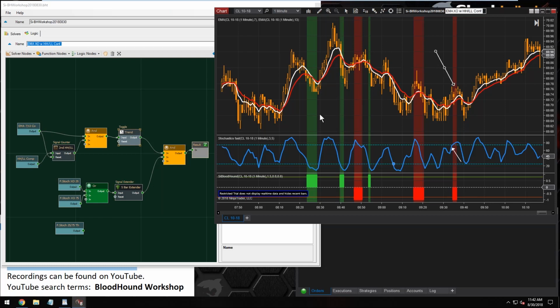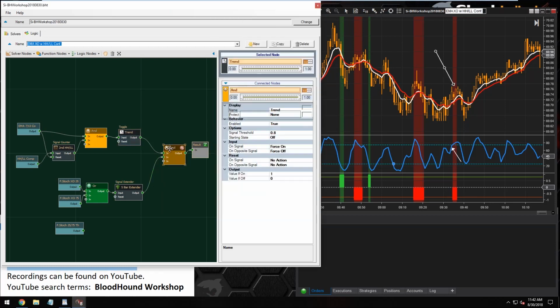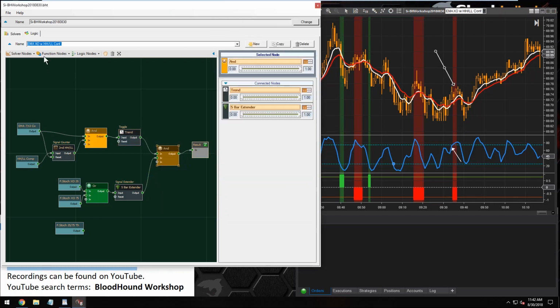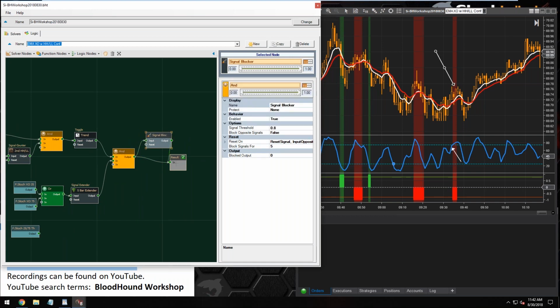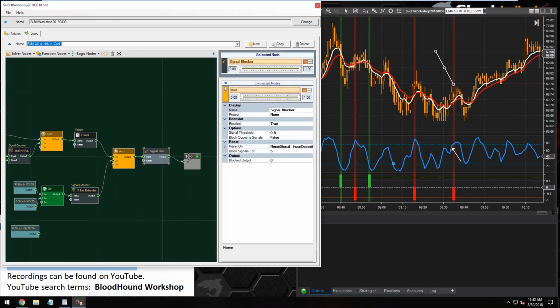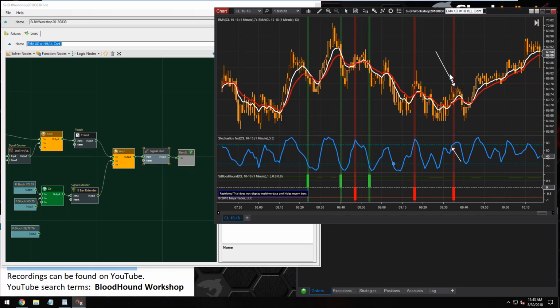But if you wanted a cleaner look, what we could do is use a signal blocker, and this signal blocker will clean things up for us. All right, there we go.